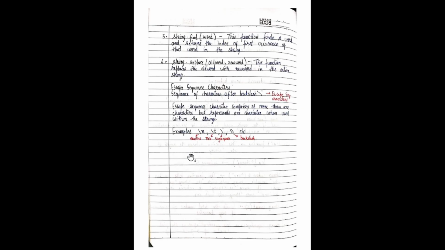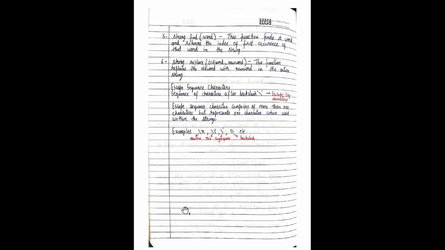Capitalize, count, length, and find are also there. An escape sequence character comes after a backslash and comprises more than one character but represents one character when used within strings. For example, slash n, slash t, double slash, backslash are there. Now these are the definitions.